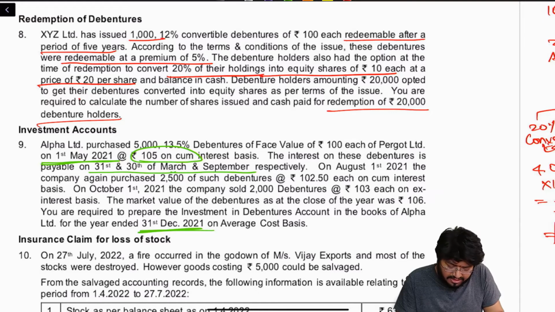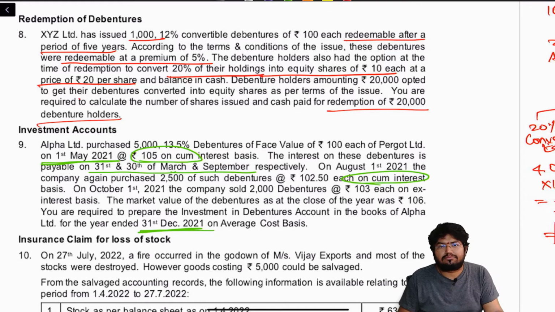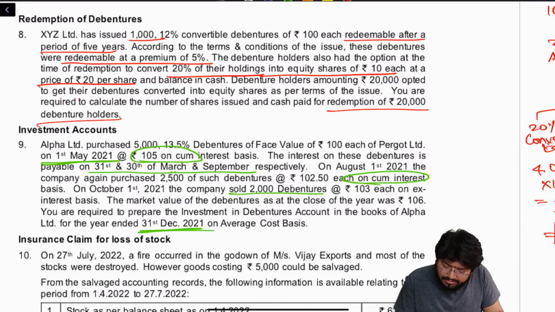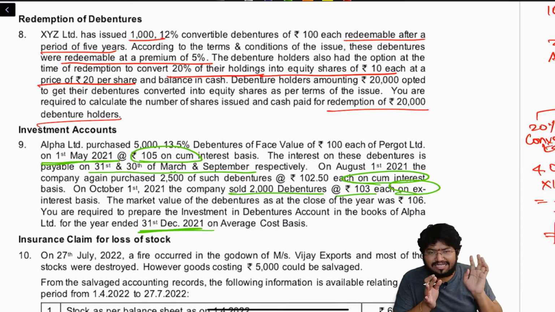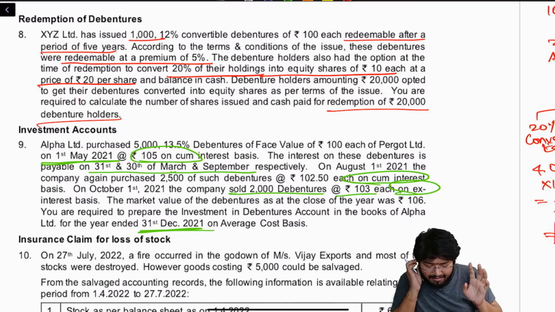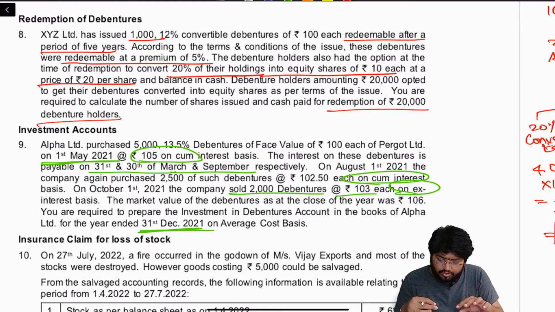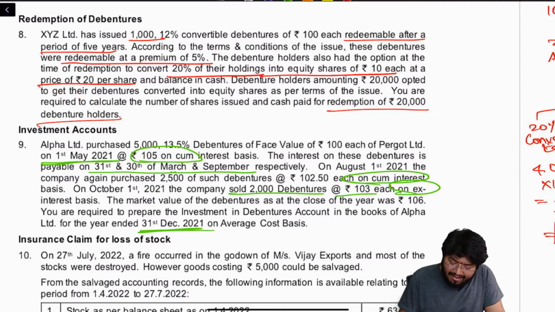On August 1st, the company again purchased 2,500 debentures at 205, again cum interest price. On October 1st, the company sold 2,000 debentures at 103 on ex interest basis. So purchases are on cum interest basis, sales are on ex interest basis. Market value of debentures on closure is 106. You are supposed to prepare investments in debentures in the books on average cost basis.